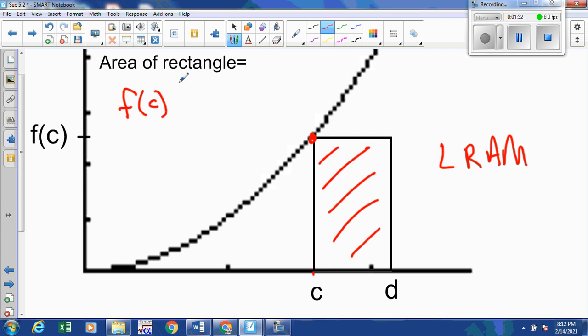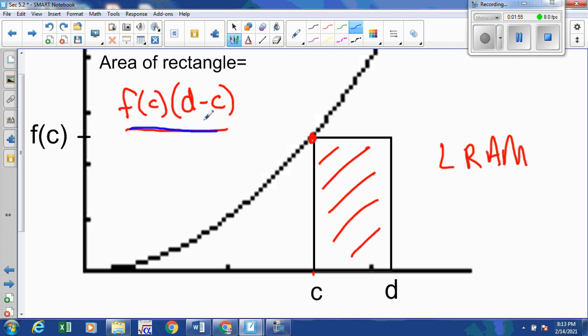And in this general notation with variables, that would be d minus c. So this would be the area of this rectangle. If we were approximating this area by more subintervals, we could make some more rectangles and so forth. But for this one rectangle, this is what the area would be.